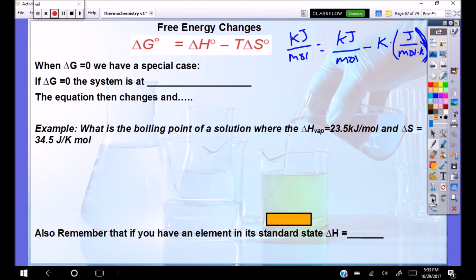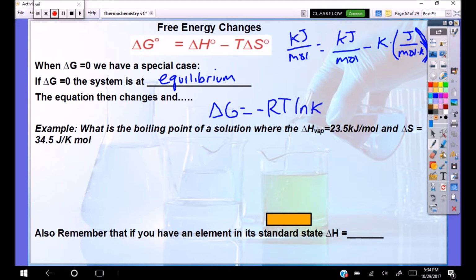So we've talked about a lot, especially in the electrochem unit, when delta G is equal to 0, the system is going to be at equilibrium. And this is going to be very important. This relationship is going to come back. We used it a lot in electrochem. We said delta G is equal to negative nFE.